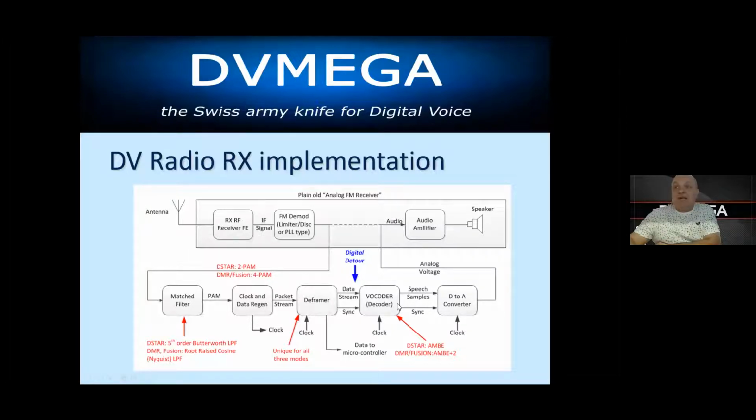Then a deframer, and here we have the vocoder again. It makes 128 kilobits from the 3.6, and it goes back into the audio amplifier, and it's standard analog voice again.